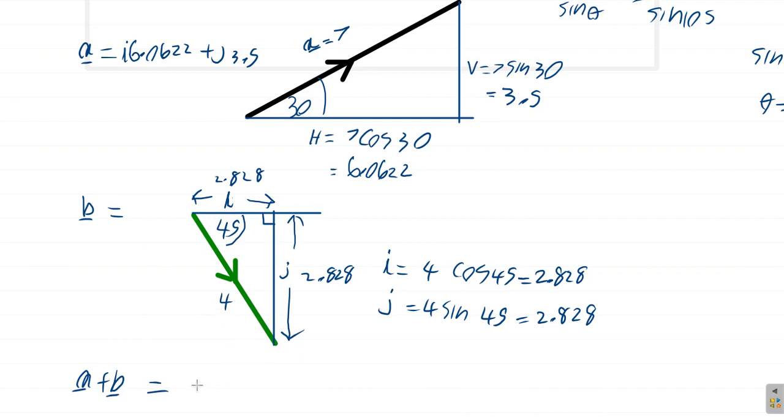Generally, you put the i after the number, not before, because generally you put the numbers and then the letters. Alright? So in this case, 6.0622i means you have 6.0622 to the right, plus 3.5j, 3.5 upwards.